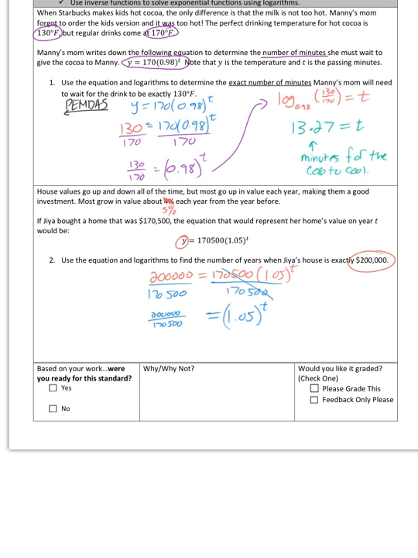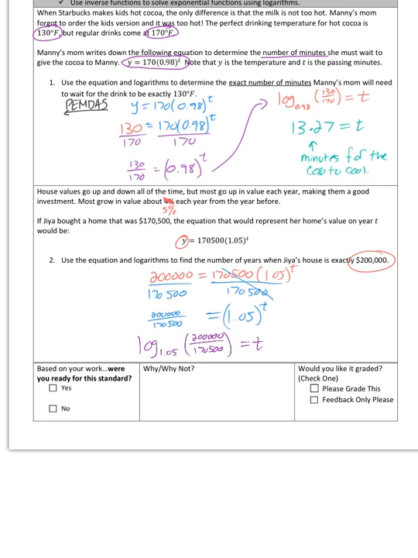So now I have this exponent. I've got a number, I've got a base, and I've got an exponent. I'm going to convert it into a log. So log base 1.05 of 200,000 divided by 170,500 equals t. And I'm going to put this into a calculator, and we're going to find out the answer.